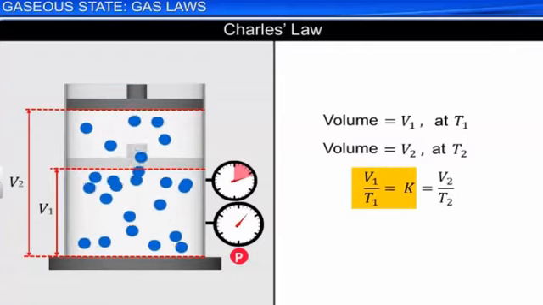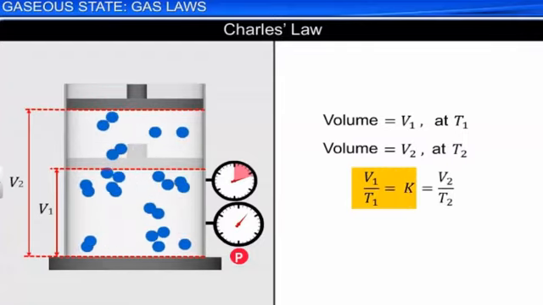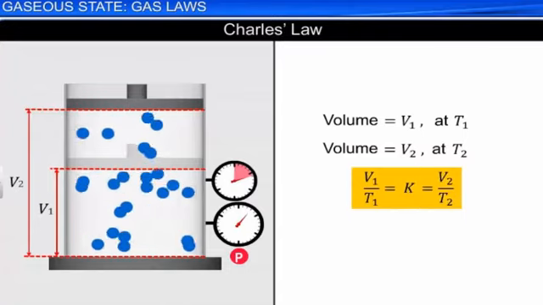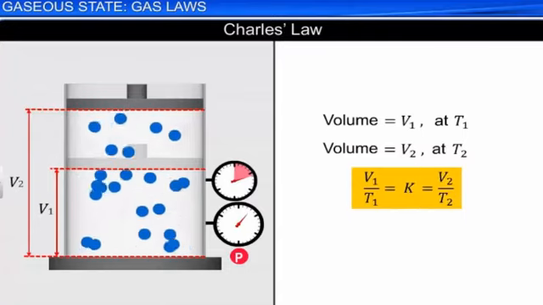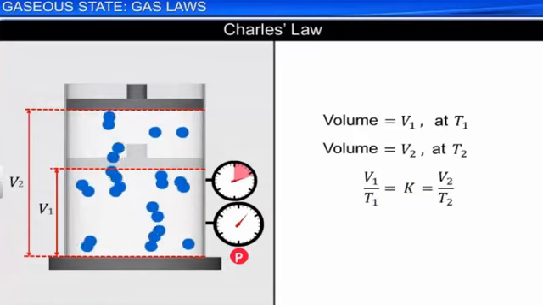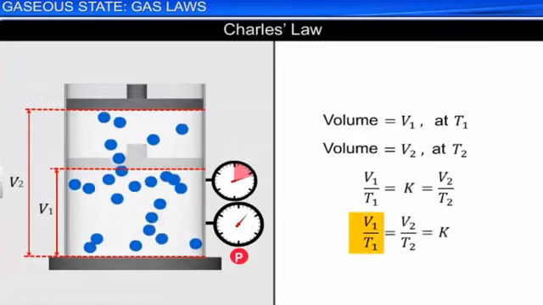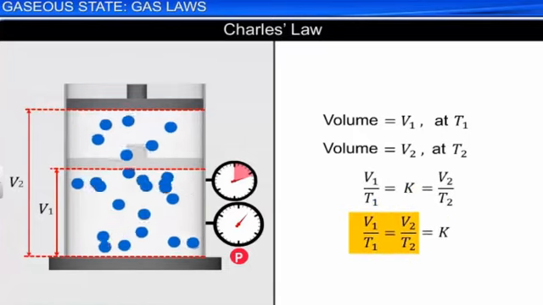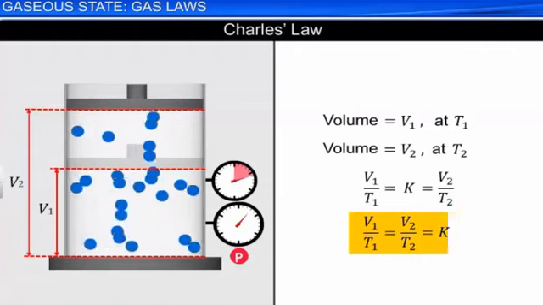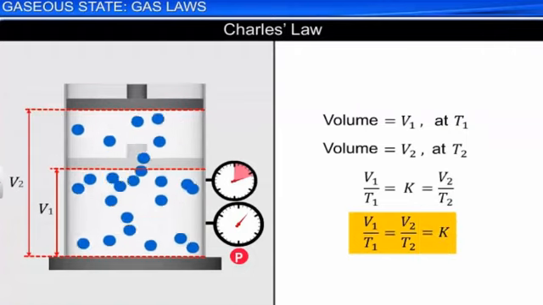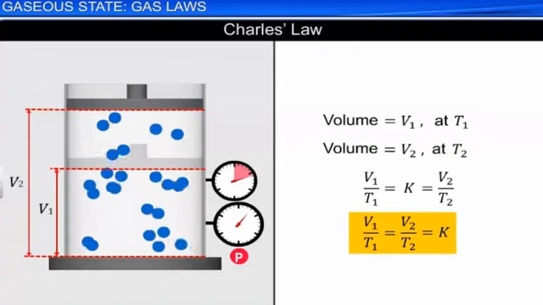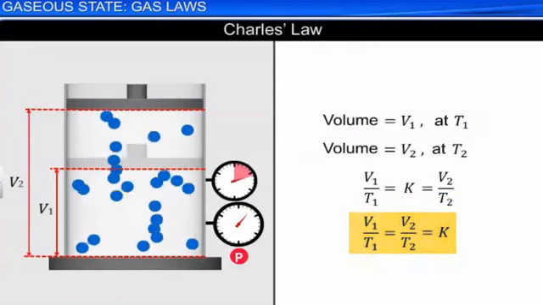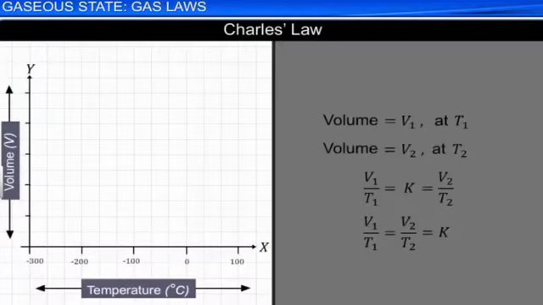Therefore, the equation can be written as V1 divided by T1 is equal to V2 divided by T2 is equal to K. This is called the Charles' law equation. For a given amount of gas, if we plot the variation of volume versus temperature at different pressures, we get different straight lines corresponding to each pressure. These lines are called isobars.